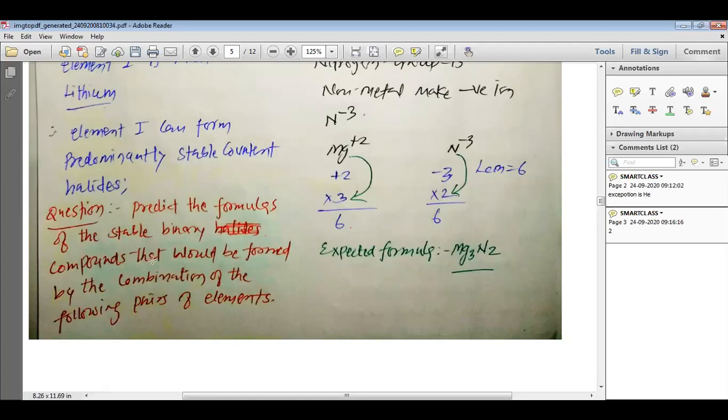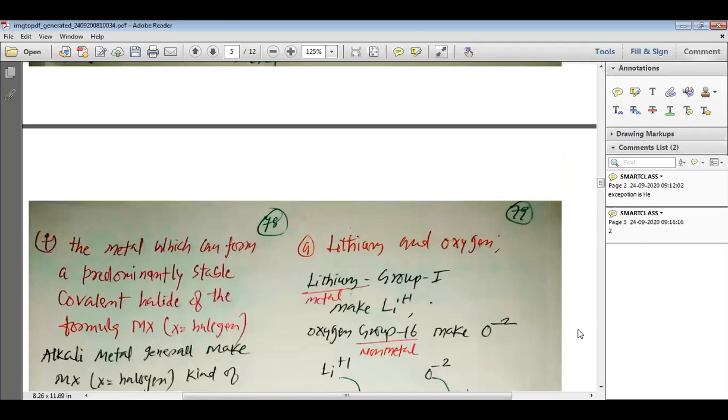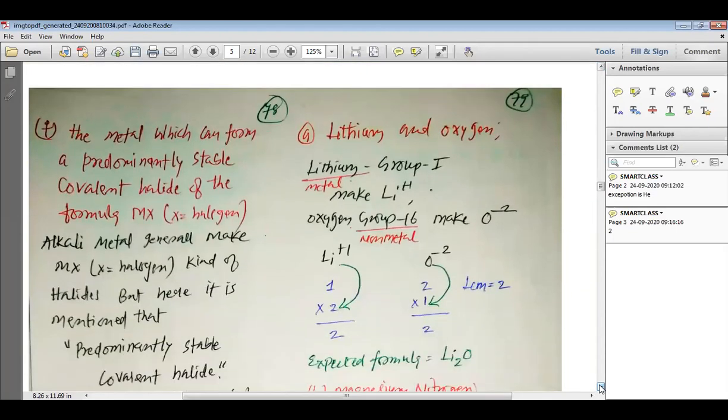Predict the formula of the stable binary compound. We need to find out the formula of the stable binary compound that would be formed by the combination of the following pairs of elements. Let us look at the question. Lithium and oxygen. We know lithium belongs to group number 1. It is a metal, so it forms the positive ion, lithium plus 1.